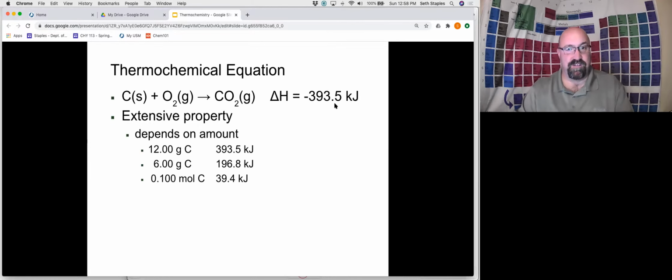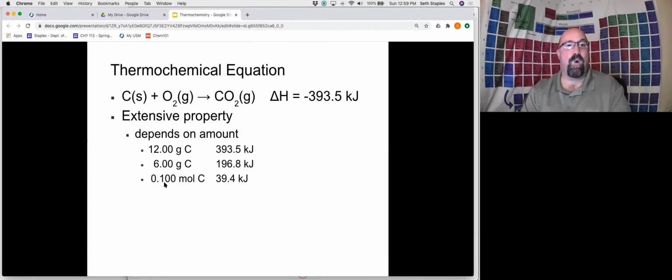And that releases 393.5 kilojoules. And so if we're starting with 12 grams of carbon, 12 grams being 1 mole, that's going to release 393.5 kilojoules. However, if we only have 6 grams of carbon, we have half a mole, we're only going to release half the amount of energy. We're just going to release 196.8.